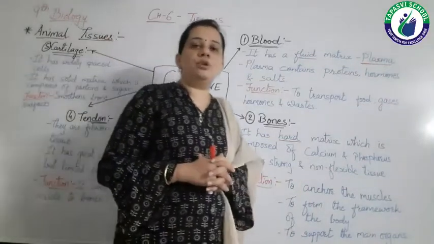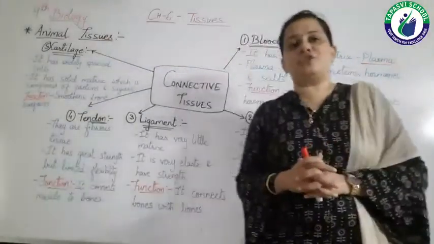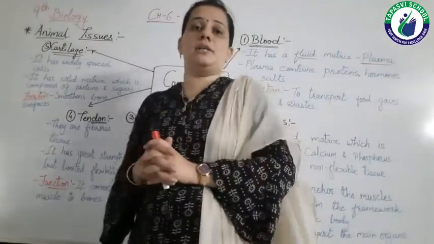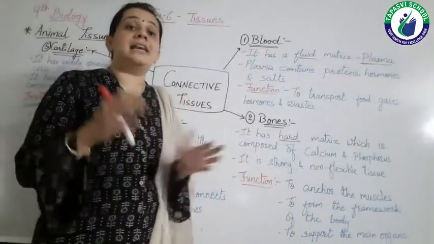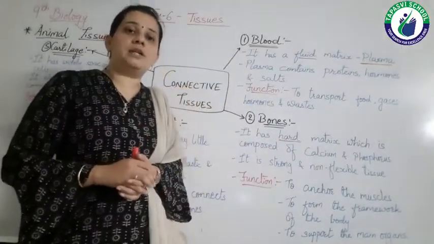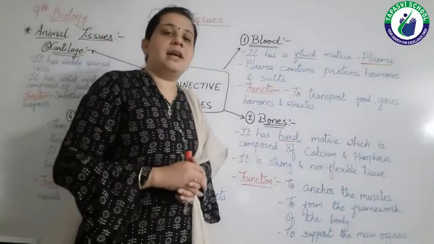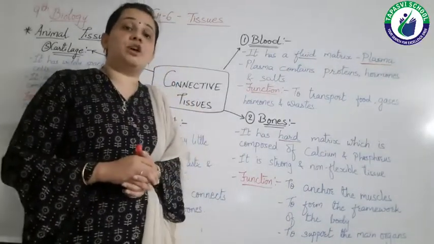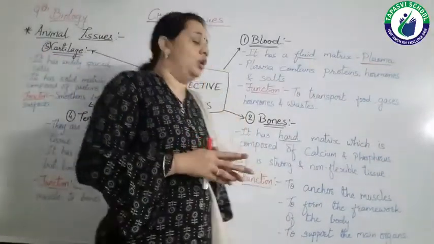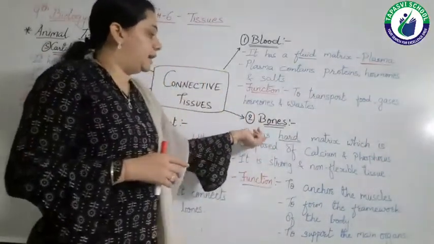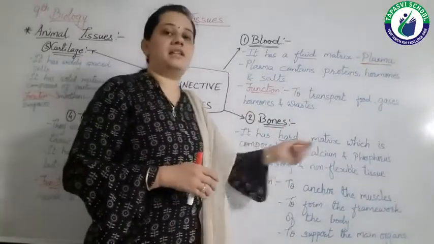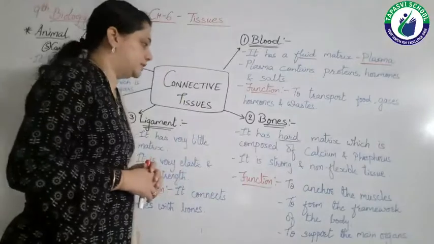You may know that whenever we get a fracture, then doctors generally prescribe us to take calcium medicines, right? They generally tell us to drink milk as well as to eat bananas, because milk and bananas are full of calcium. So bones have the hard matrix which is composed of calcium and phosphorus.